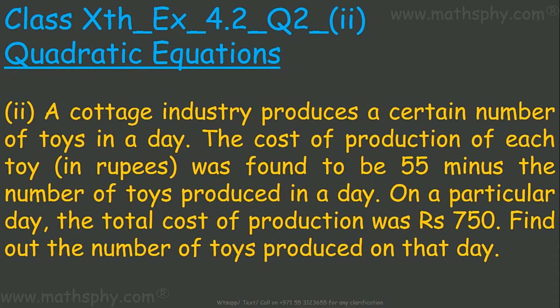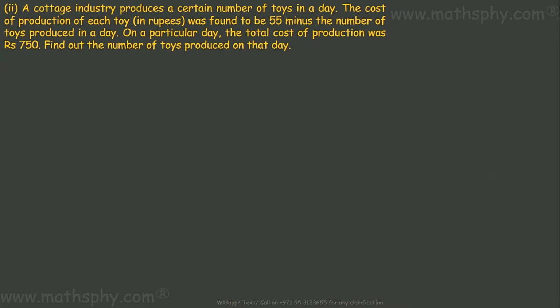This question here says, a cottage industry produces a certain number of toys in a day. The cost of production of each toy in rupees was found to be 55 minus the number of toys produced in a day. On a particular day, the total cost of production was rupees 750. Find out the number of toys produced on that day.